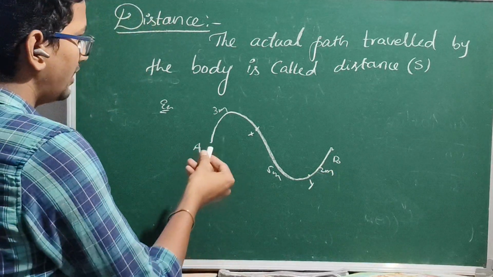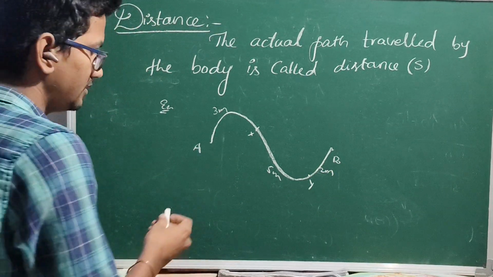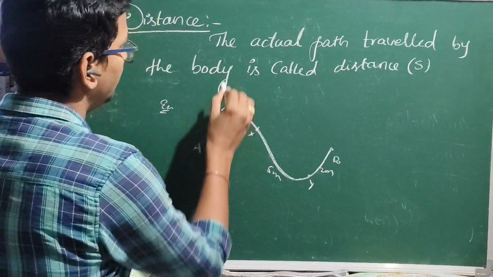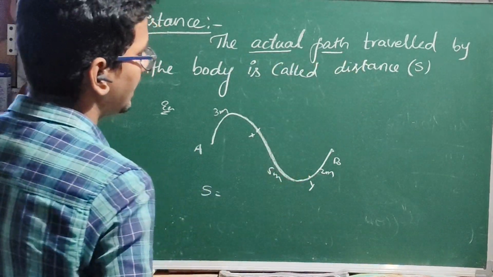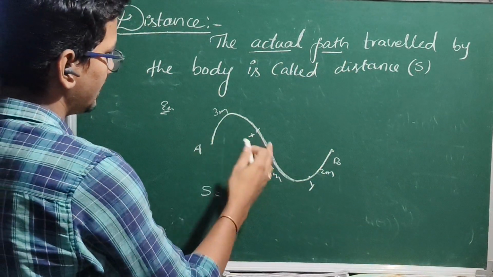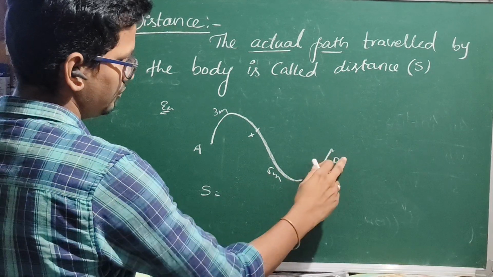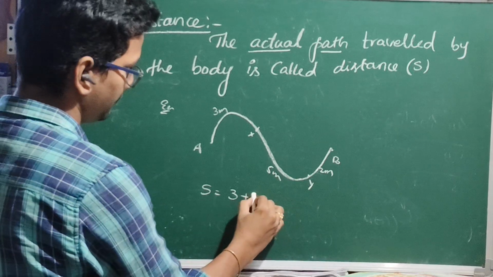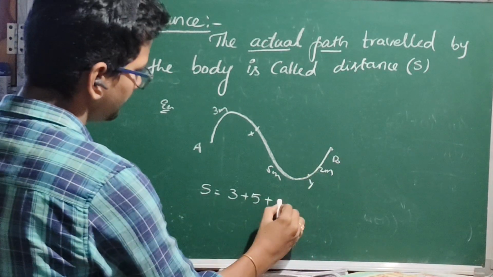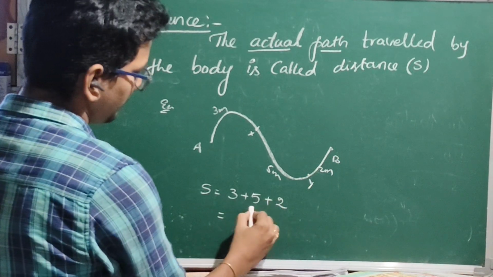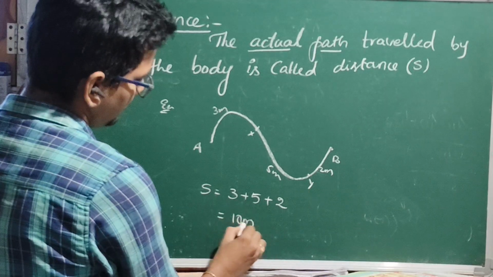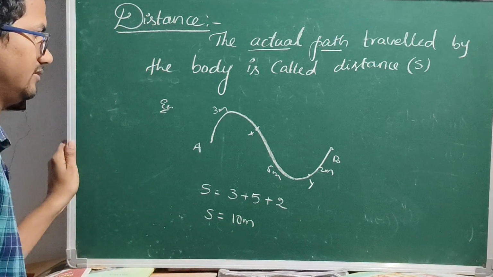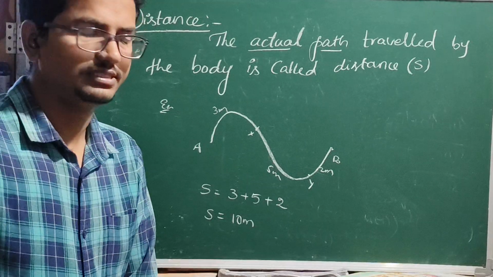What is the distance? Distance means the actual path traveled by the body, the total path. We write A to X, X to Y, and Y to B: 3 plus 5 plus 2 meters. What is the value here? 10 meters. That is the example of distance.